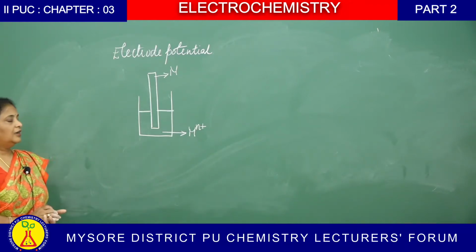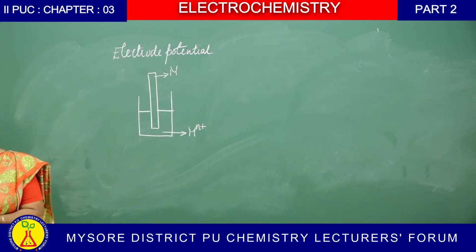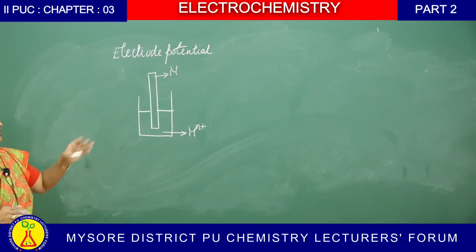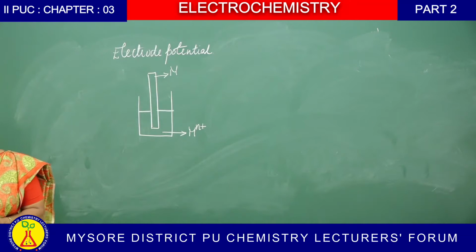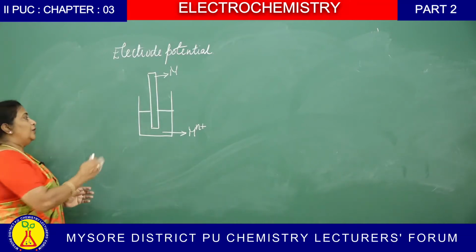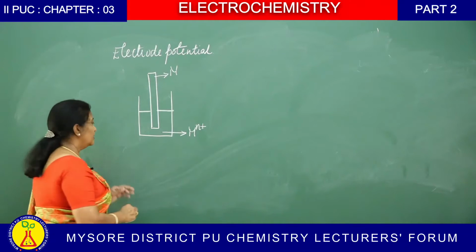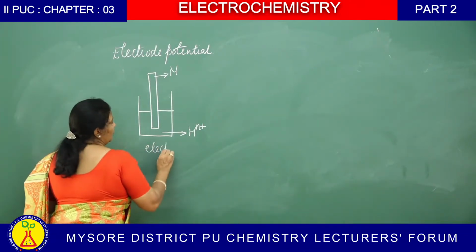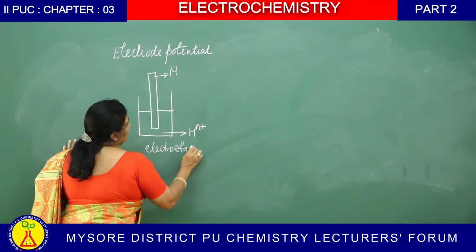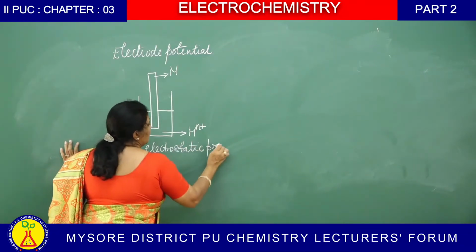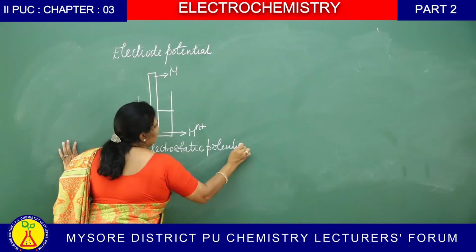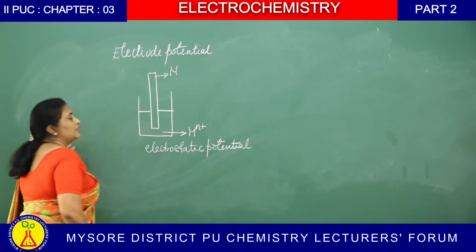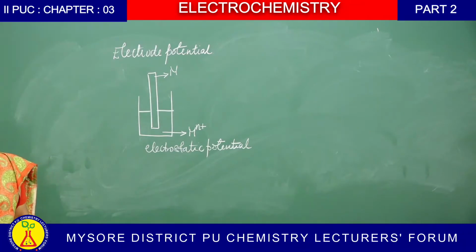There is a separation between the surface of the metal and the solution, and because of this barrier there is a development of electrostatic potential, which in this case we call the electrode potential.